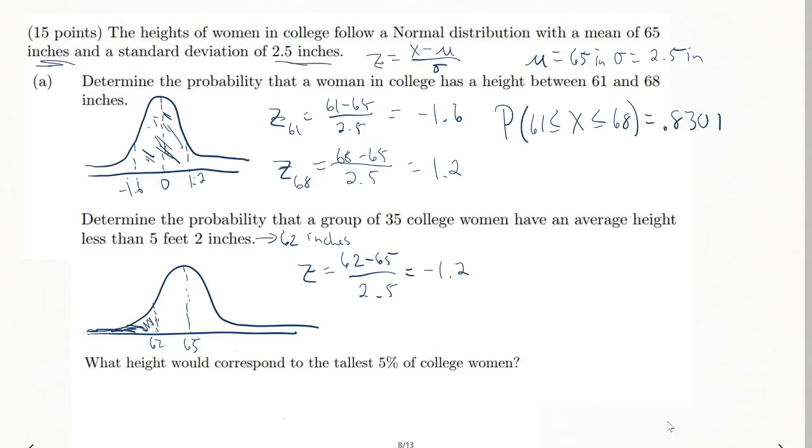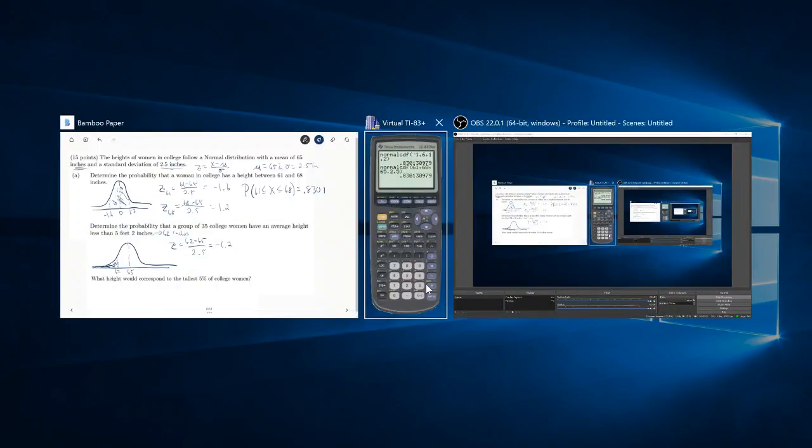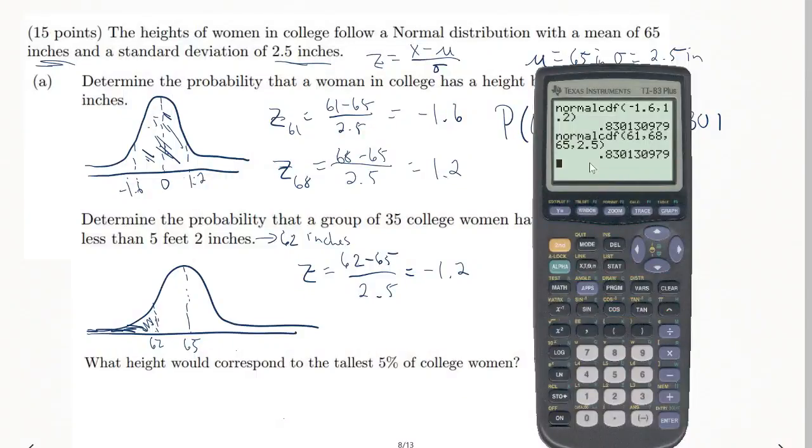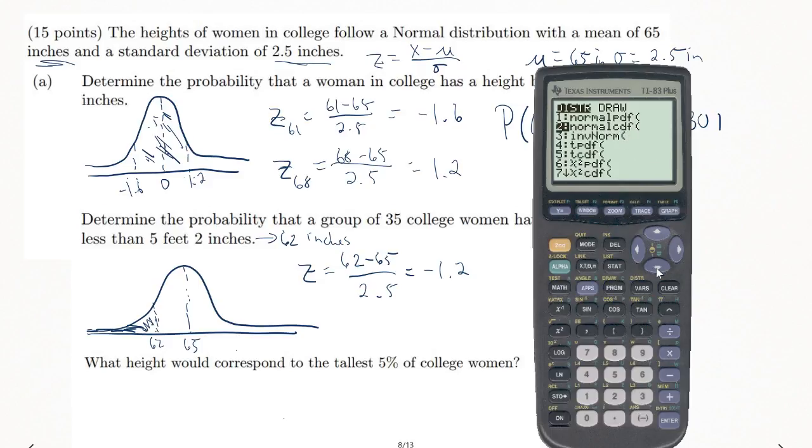So now here's where things get a little bit tricky. You notice you have no lower bound. So where does our lower bound exist? Well, it's negative infinity essentially. So if I use that norm CDF, it can be trickier if I get real large numbers in here. But if we keep it with z-scores, it's actually pretty easy to handle.